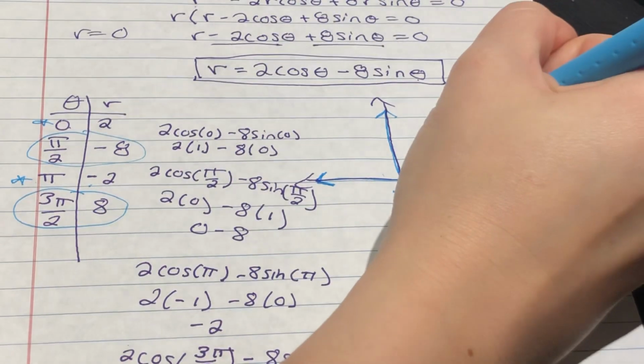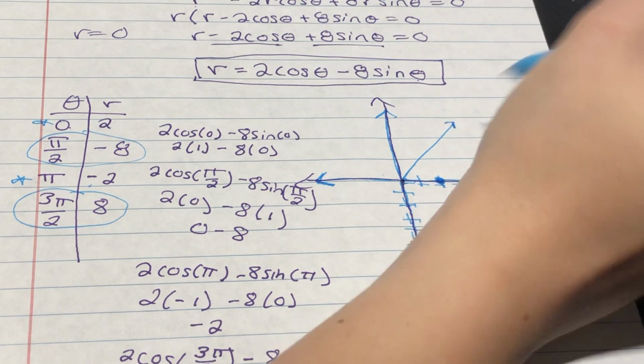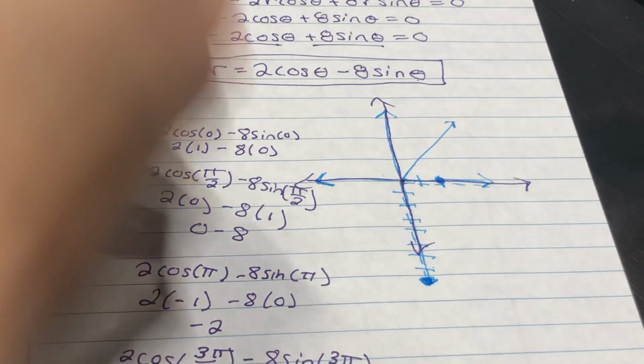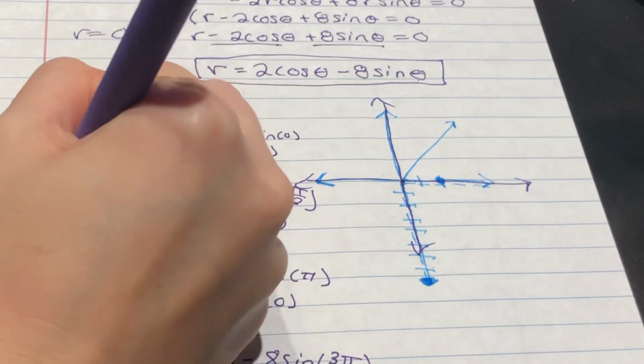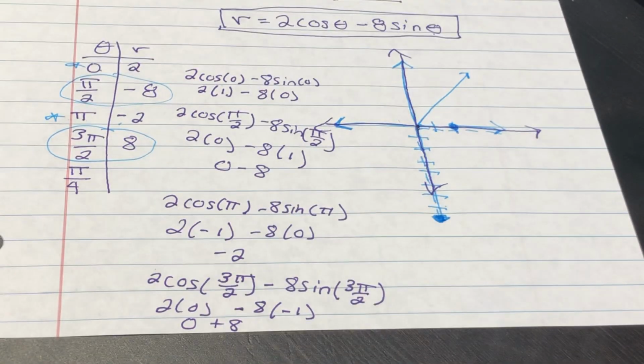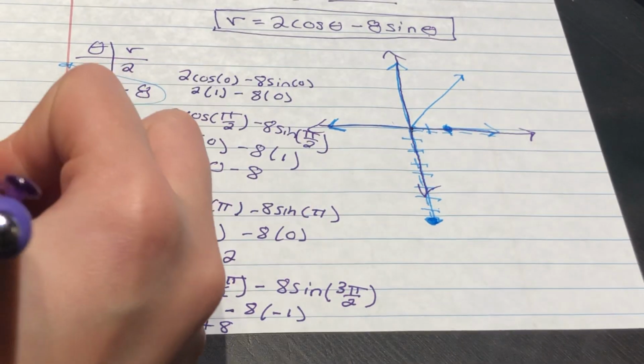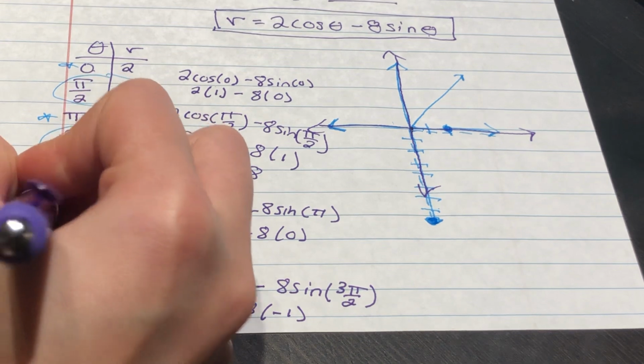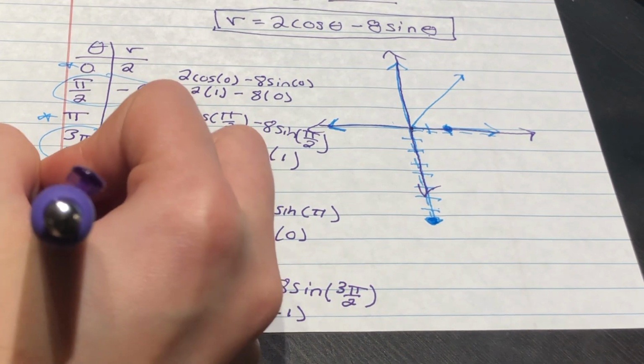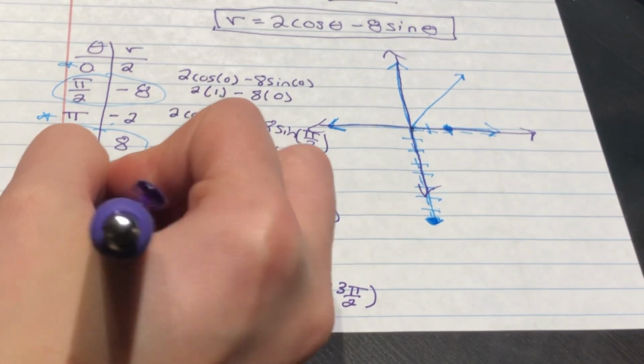I'm going to try pi over 4. That's always kind of my go-to one. So let's do that. All right, so let's try pi over 4. If I plug in pi over 4, 2 cosine pi over 4 minus 8 sine pi over 4.